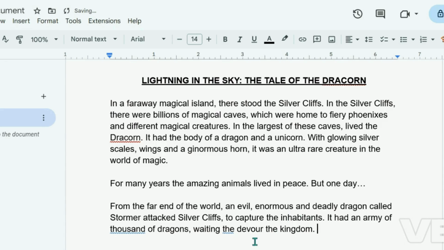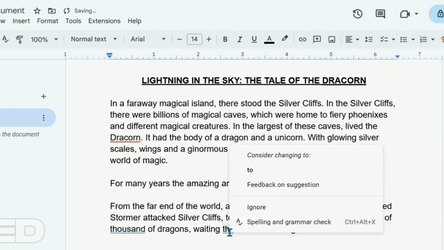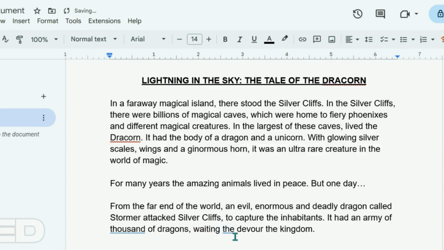So if the dragon devours the kingdom, that doesn't mean he ate the kingdom, but it gives us a sense that he's capturing the kingdom. Okay.